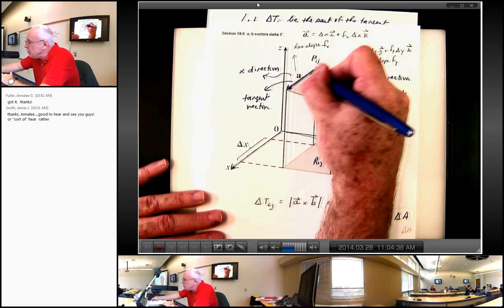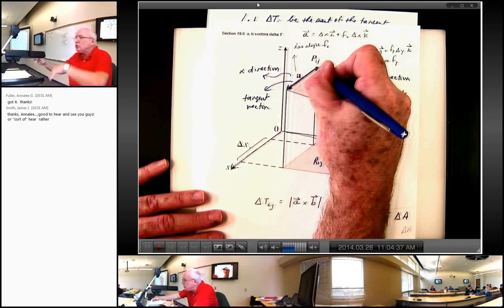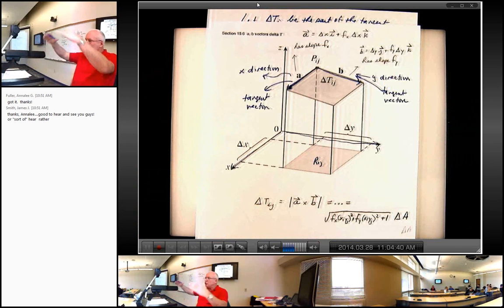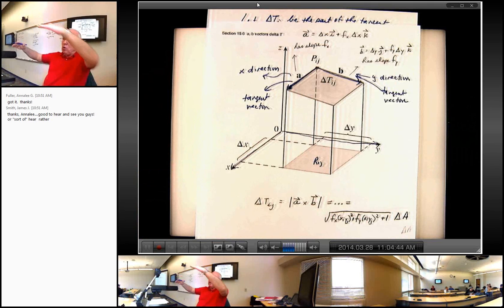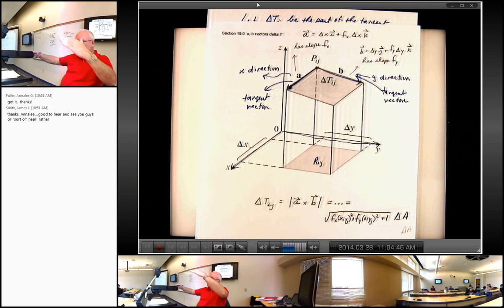Their slope is how the surface is changing underneath that point. The tangent line in one direction has slope fx, the other has slope fy.